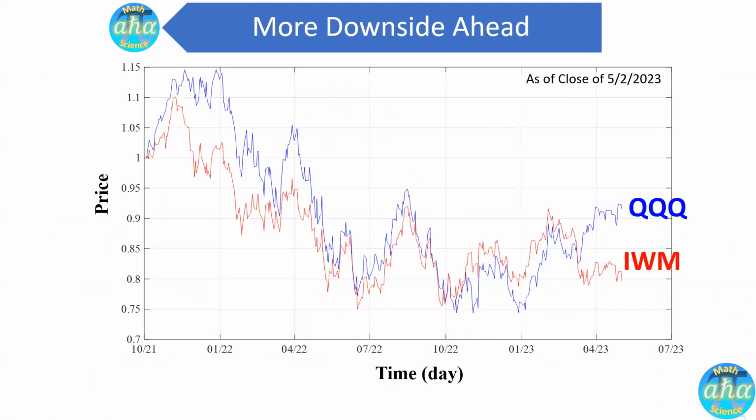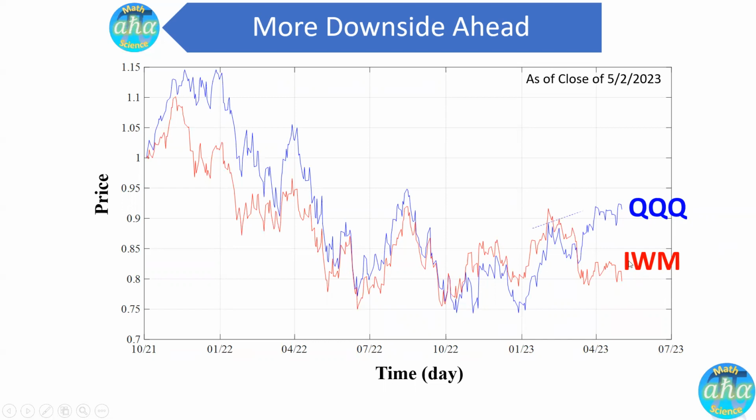The next thing we look at is a very strong divergence between the QQQ and the IWM. The QQQ is the ETF for the Nasdaq 100. The IWM is the ETF for the Russell 2000, the small caps.